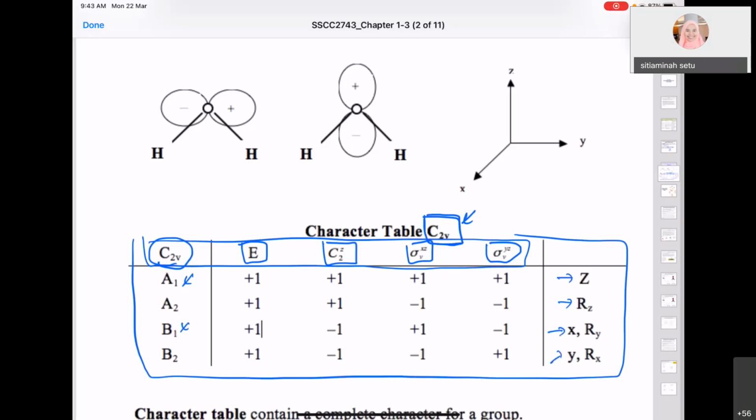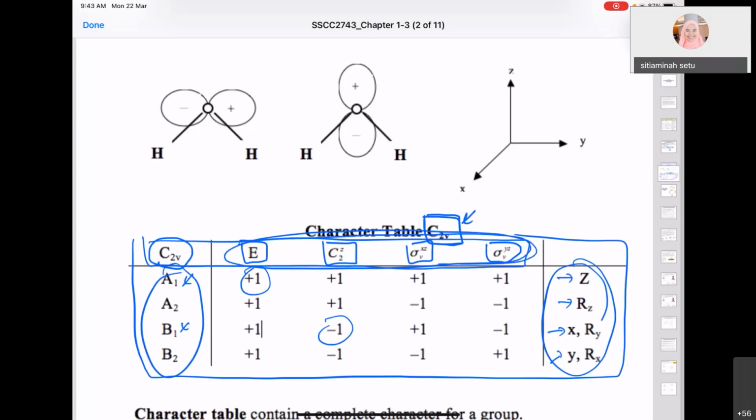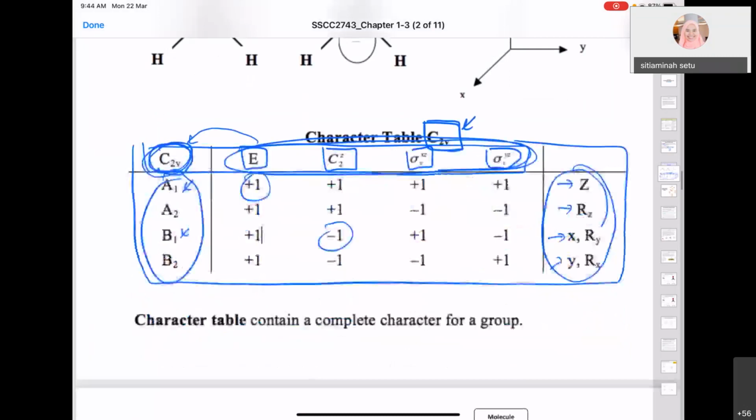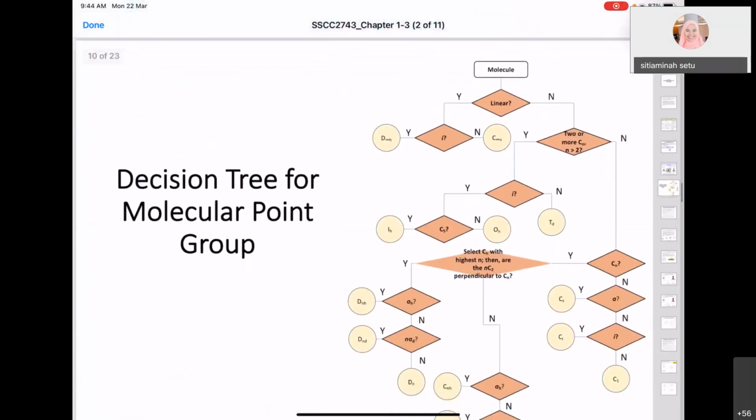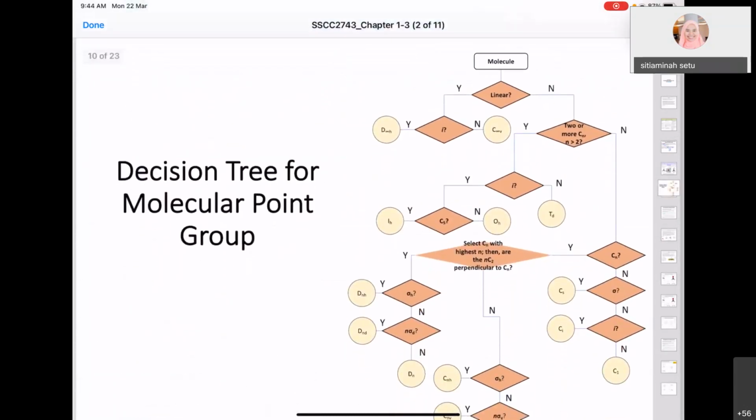Last year we went into detail on what this is about and how we get positive one, negative one, but this year we will not touch on the details. I just want to tell you that from the symmetry elements of the molecule, it becomes a group, the point group, and the point group has its character table. So this is just the introduction on how to determine the point group of the molecule.